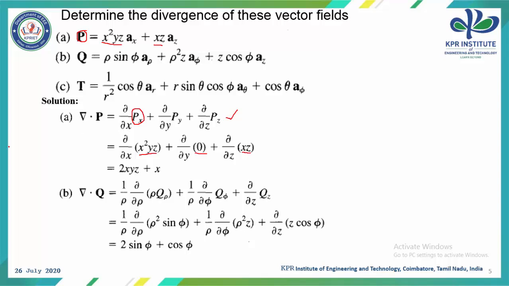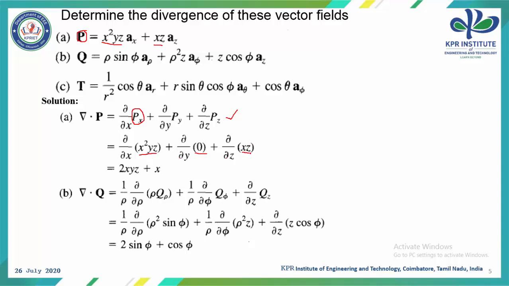Now you want to differentiate with respect to x here, differentiate with respect to y here, and differentiate with respect to z here. If I am differentiating this, what is the value? y and z you can take out, so you have only the term x squared, and the differentiation is 2x. Now it becomes 2xyz. Coming to y, the value is 0.